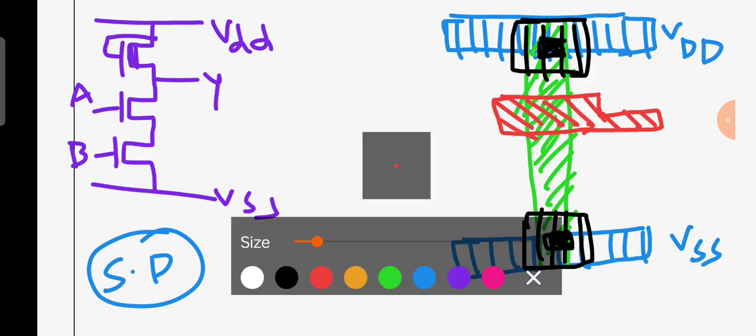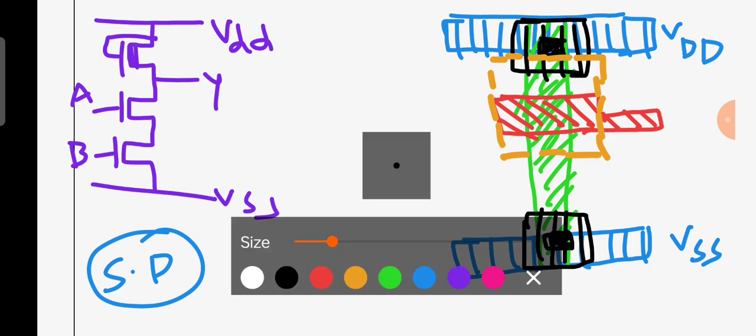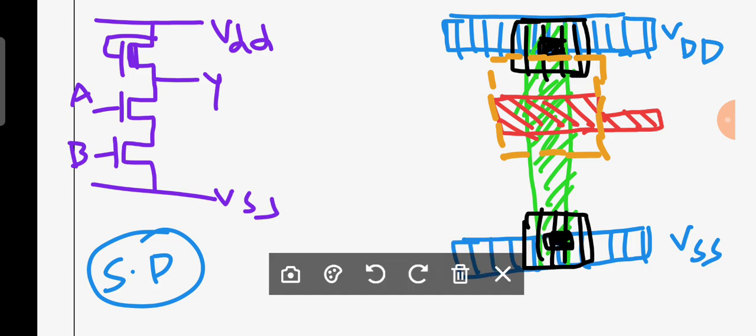And I said you to take this implant in such a fashion. This is an implant, and I said you to give the buried contact in this fashion.